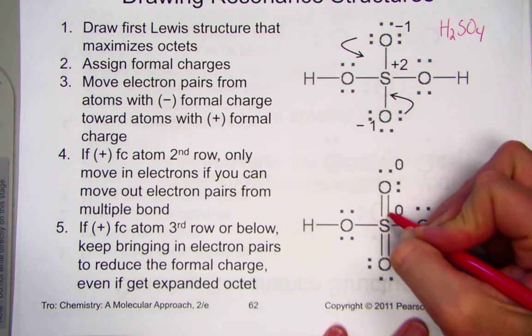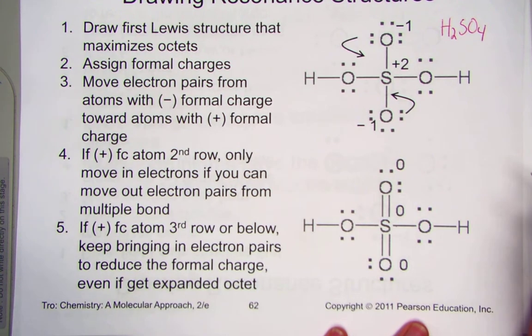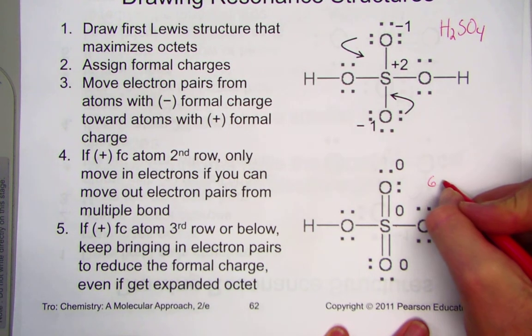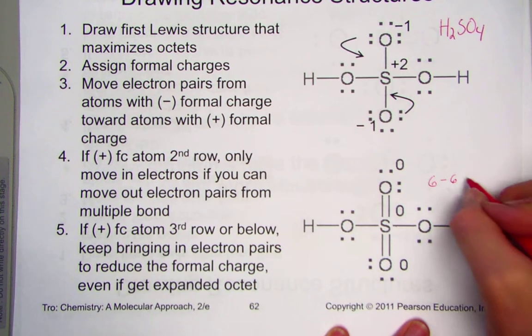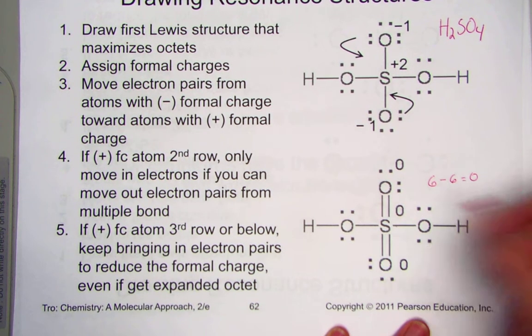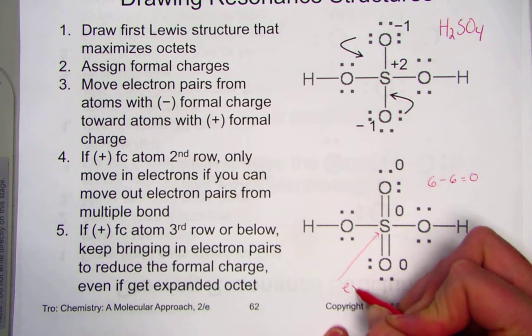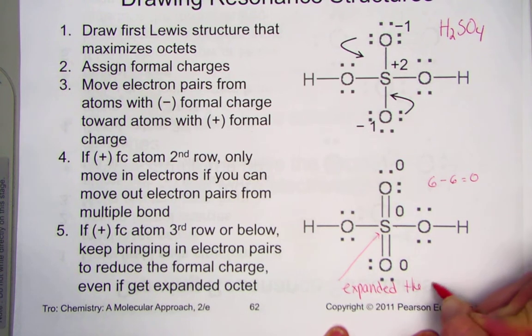Sulfur now has 1, 2, 3, 4, 5, 6 electrons assigned to it. It lives in group 6A, so 6 valence electrons. 6 electrons are assigned to it, giving it a formal charge now of 0. But we've expanded the octet to alleviate a formal charge.